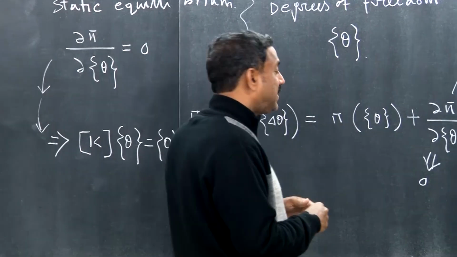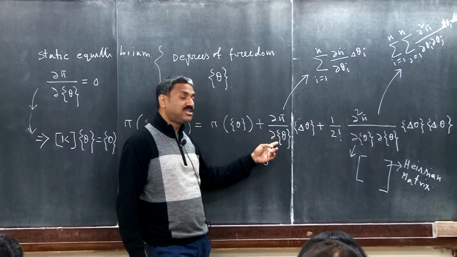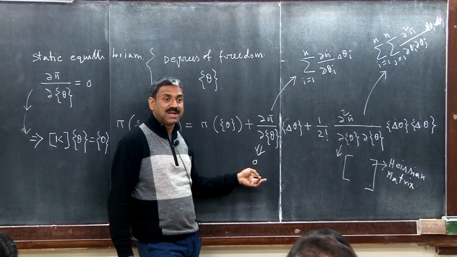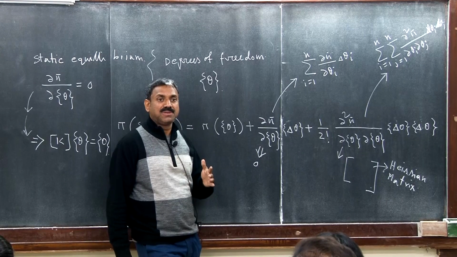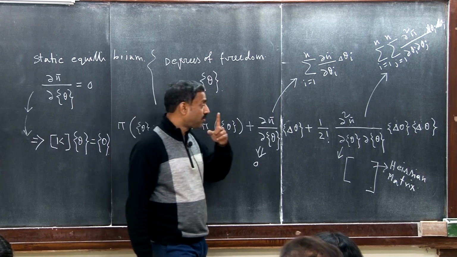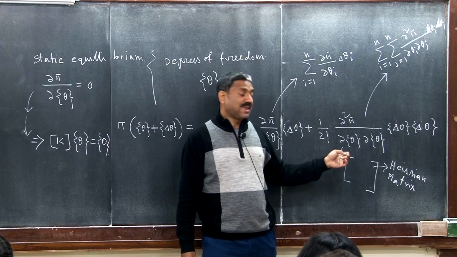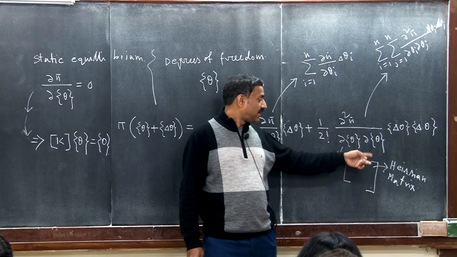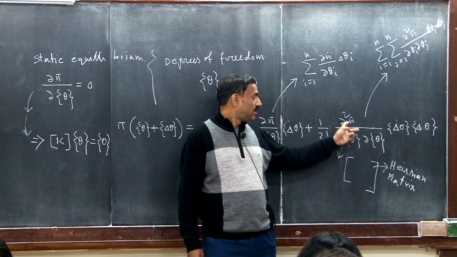So you see, whether equilibrium is ensured is determined by the gradient of the potential energy. When you want to ascertain the nature of equilibrium, that means whether it is stable, unstable or neutral equilibrium, we have to explore the higher order derivative of the potential energy, and that is where the second order, the Hessian matrix, comes in.